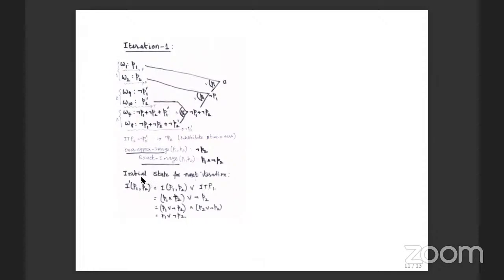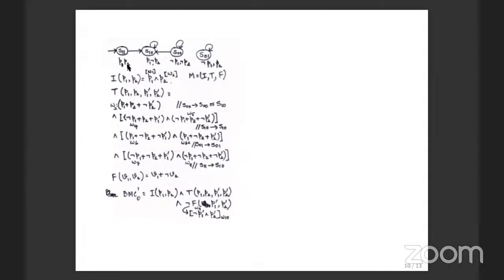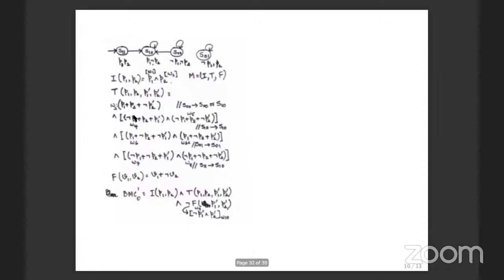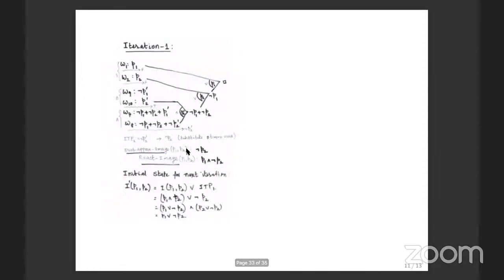Okay, so the image here is the exact image of the initial state. Here is this one, P1 not P2, correct? Because that's the exact image. That's the only successor to P1, P2. That is P1 not P2.